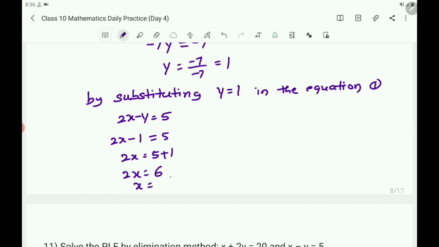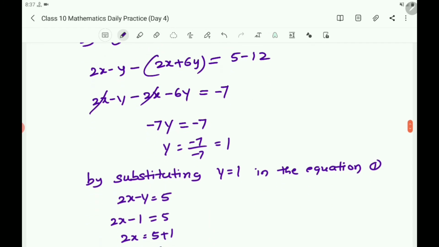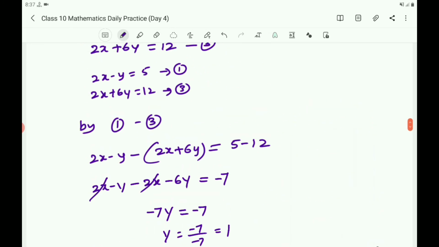Then x equals 6 divided by 2. 2 1s are 2, 2 3s are 6, you got 3. So I got that x equals 3 and y equals 1. You can verify. Here x equals 3, y equals 1.